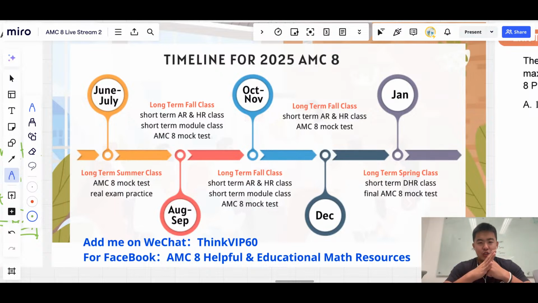As we head into November, we have our second round of AR and HR classes and another round of AMC mock tests. In December, our third round of AR and HR, and in January, right before we step into the test center to take the AMC exam, we're going to have our one and only short-term DHR class. This class is designed for those aiming for the distinguished honor roll, so it's going to focus more on the last 2 or 3 problems.